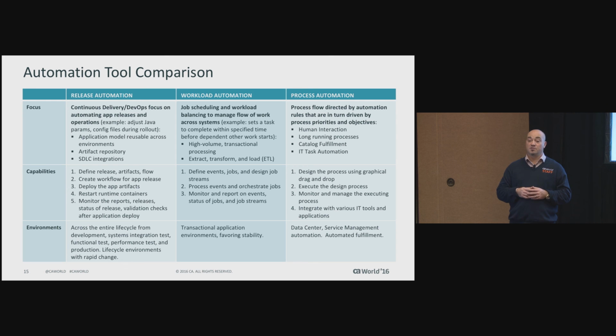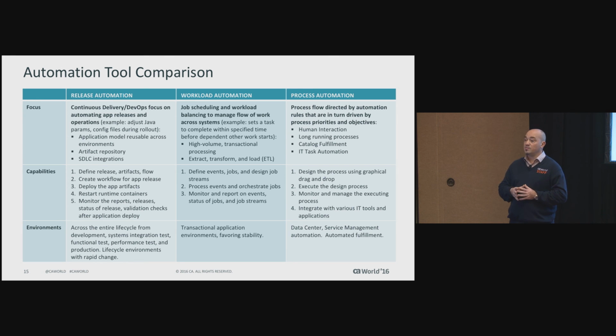It doesn't have the concept of a repository for storing the artifacts. It doesn't understand the application model, so you can't manage the relationships of the database dependencies on the web server dependencies on the application server and those type of things without a lot of extra work, so it's not well suited for continuous delivery.